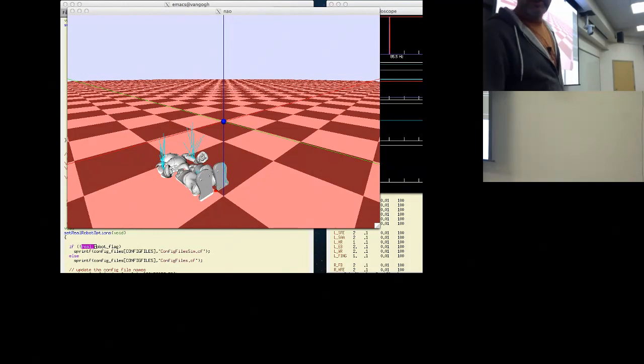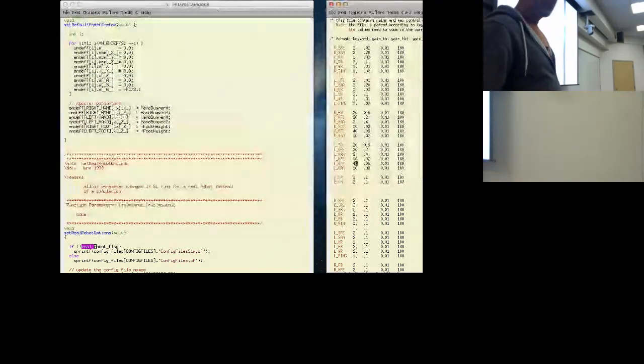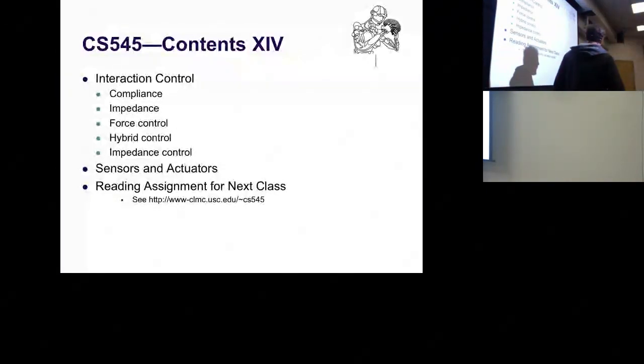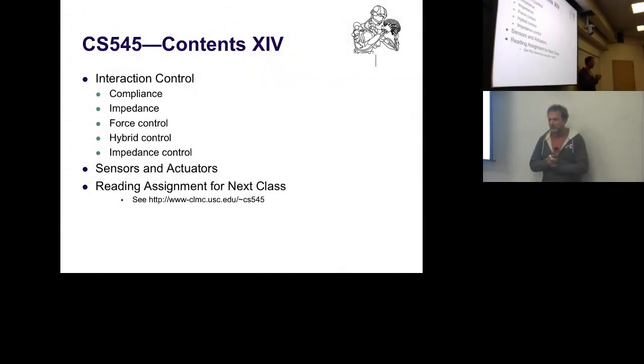Okay, let me get rid of frying the CPU on my computer and get started with an add-on topic. So we have pretty much done with nonlinear control. Linear control, nonlinear control, modeling of systems. We talked a little bit about planning the last time.